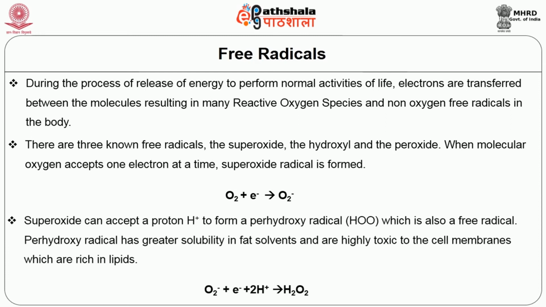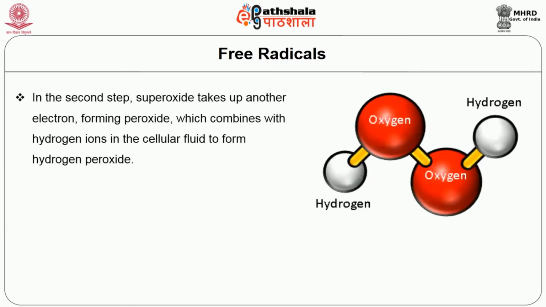Superoxide can accept a proton to form a perhydroxy radical, which is also a free radical. Perhydroxy radical has greater solubility in fat solvents and is highly toxic to the cell membranes, which are rich in lipids. In the second step, superoxide takes up another electron, forming peroxide, which combines with hydrogen ions in the cellular fluid to form hydrogen peroxide.